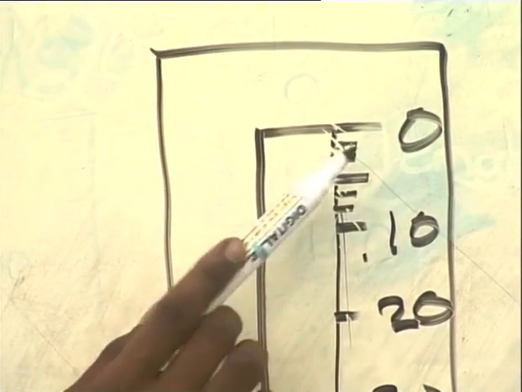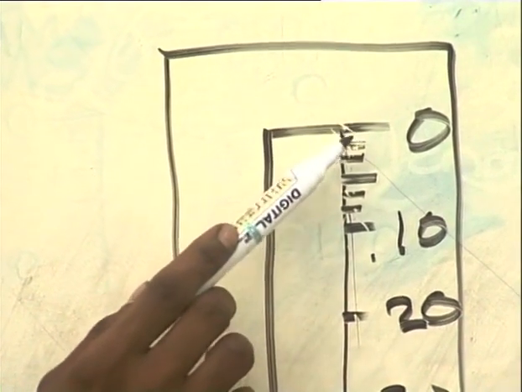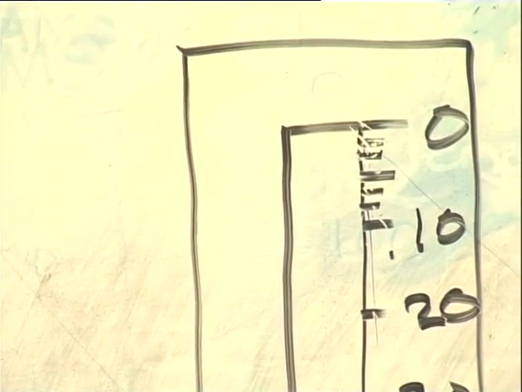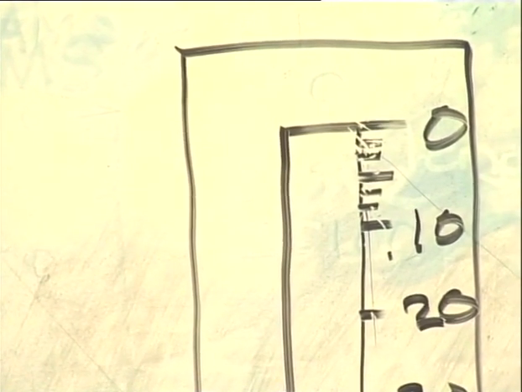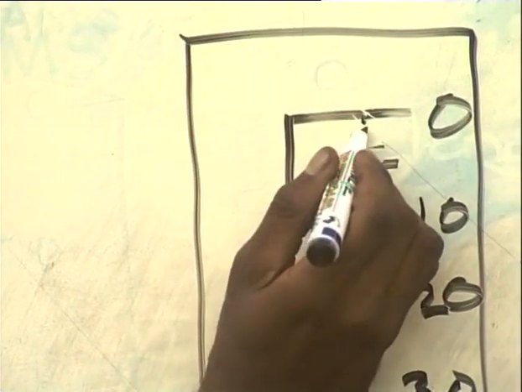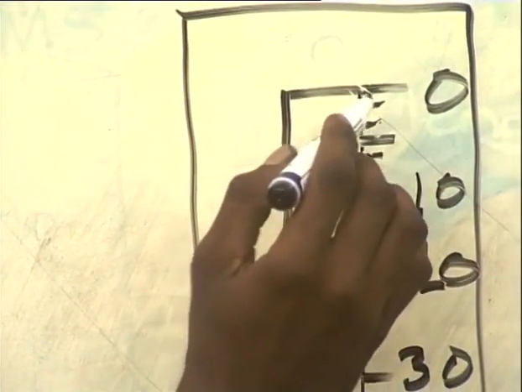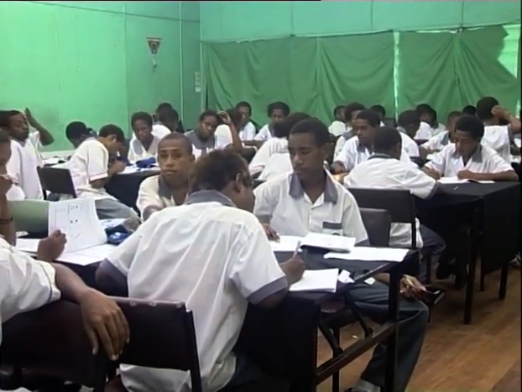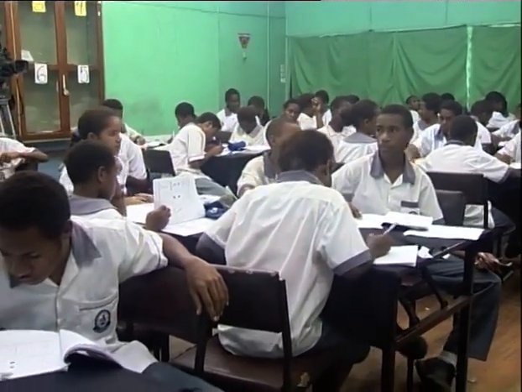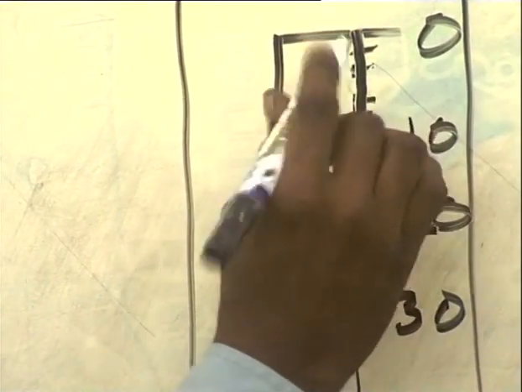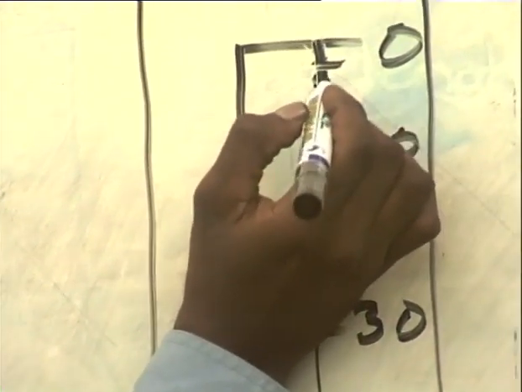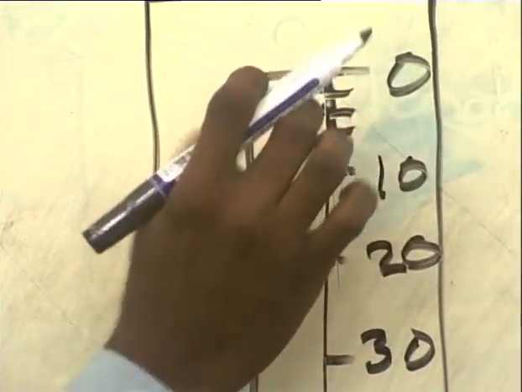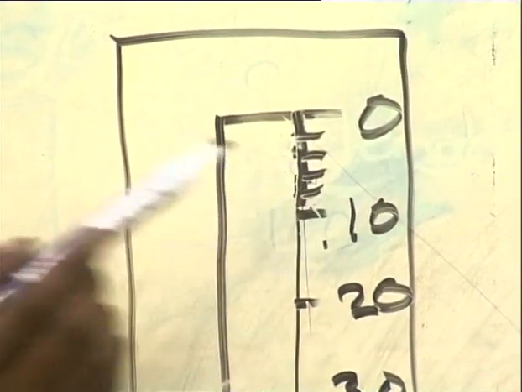The value of each scale division is 2. So we have 0, 2, 4, 6, 8, 10.